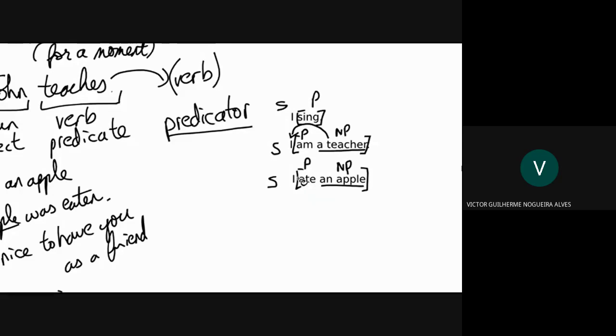All right? So, what are these two different ways? What are the labels that we should stick on these two different ways? Well, this is called a predicative complement. A predicative complement. And predicative complements describe something else in the sentence. In this case, they describe me, right? I am a teacher.